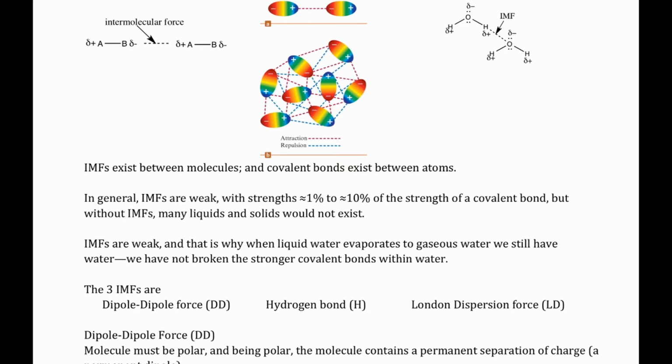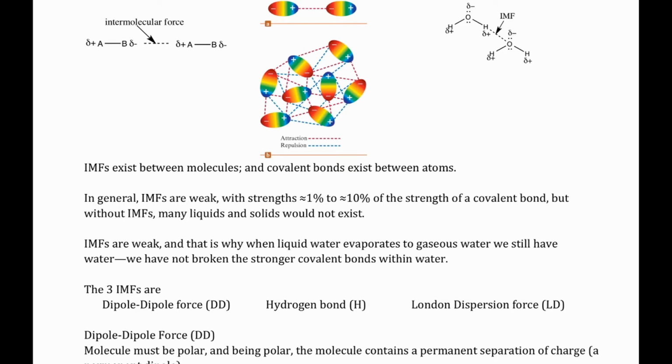So it's composed of some atom A, some atom B. Let's say that the atom A has the partial positive charge on it, atom B the partial negative. Well, we would have a bunch of those AB molecules together in the liquid phase, and they all would have the partial positive end at A, the partial negative end at B in our diagram here. Notice that opposite charges attract, the partial negative attracts the partial positive. That is the IMF that we're talking about.